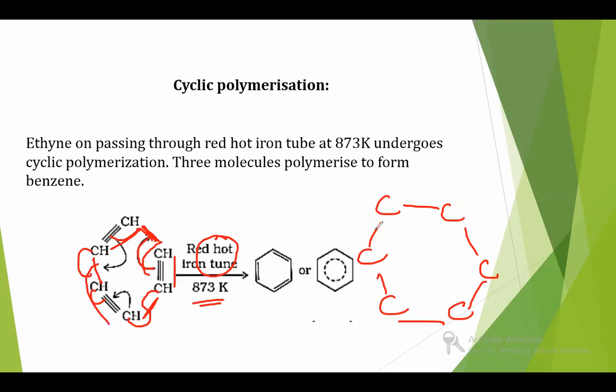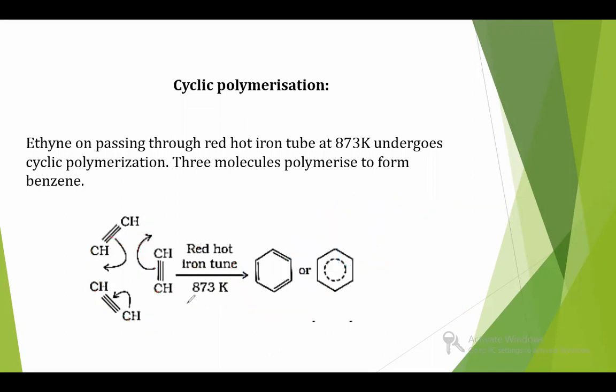Out of this, triple bond becomes double bond, one bond shifts here to make a single bond, then here is a double bond. What I marked in green and blue ink is the ethyne. In that, one electron is donated to form a cyclic ring like benzene. We can prepare benzene from ethyne.